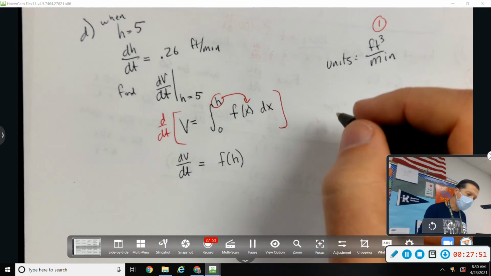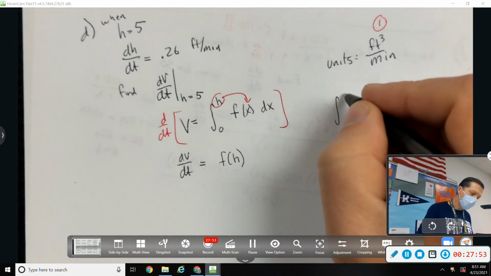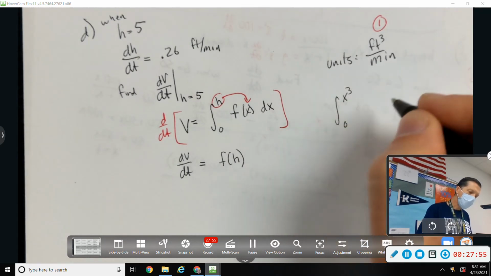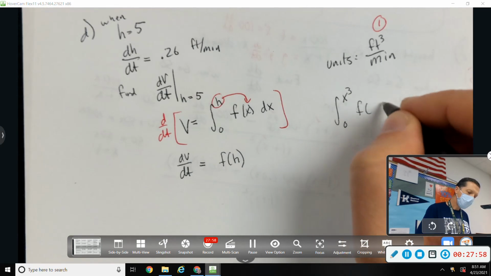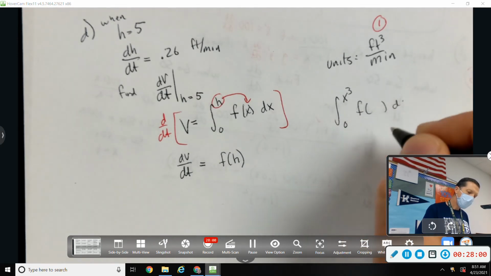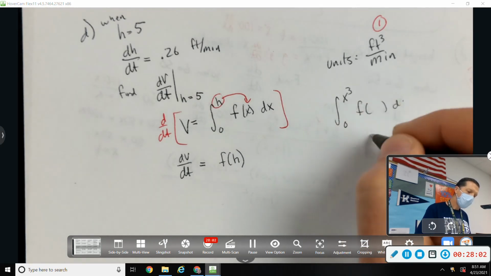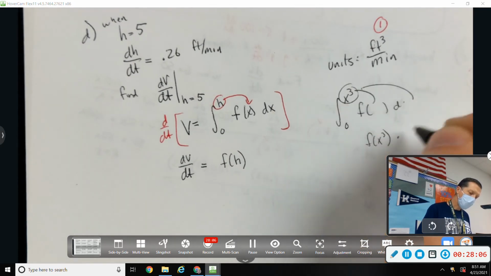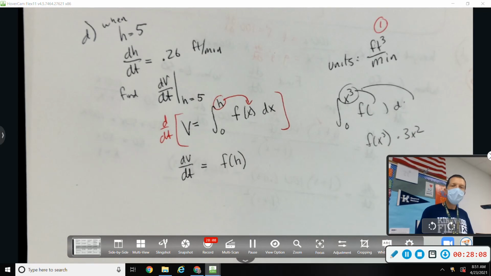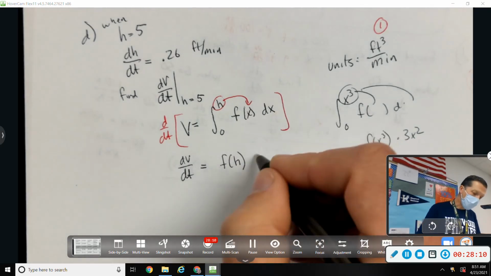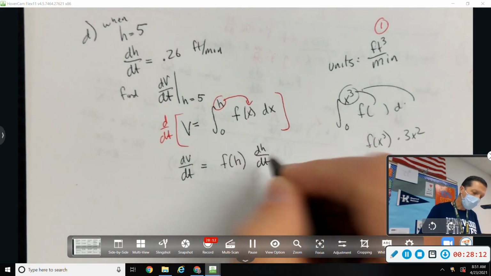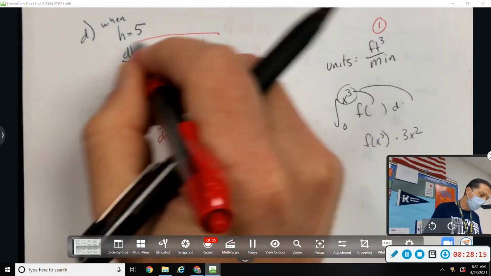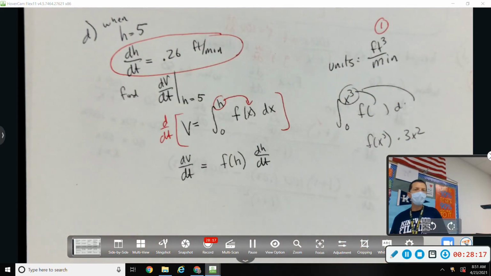Do you remember when we took a derivative and it was like 0 to x cubed? What we would have to do? We would have to chain rule that thing, times h prime or times dh dt, which I was expecting to have to use because they gave me dh dt earlier.